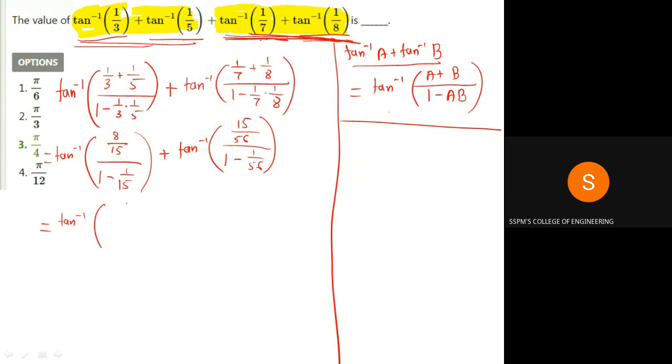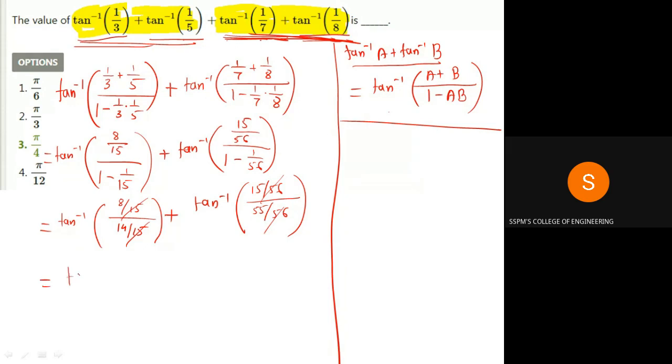Tan inverse 8 upon 15 divided by 14 upon 15, plus tan inverse 15 upon 56 divided by 55 upon 56. So this 15 and this 15 will get cancelled. Also this 56 and 56 will get cancelled.